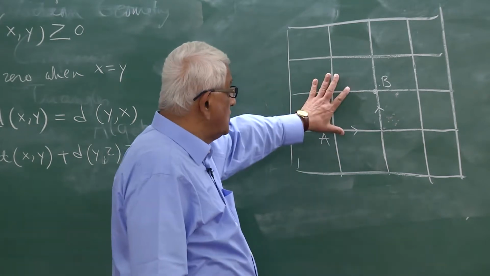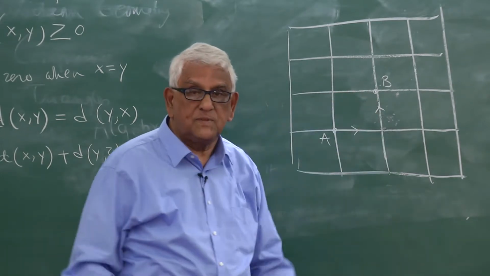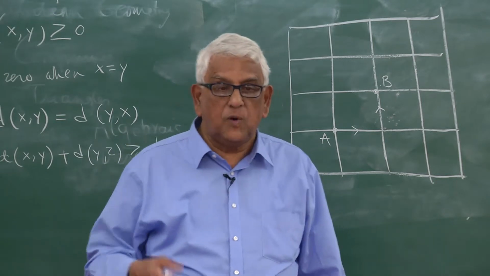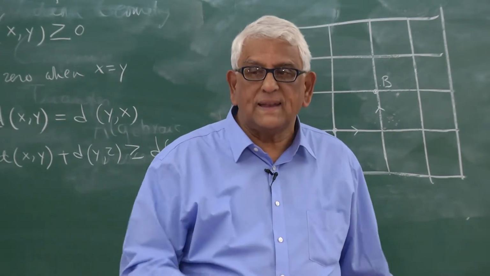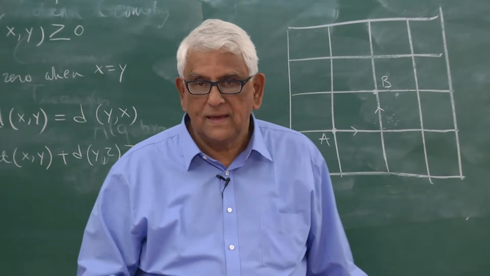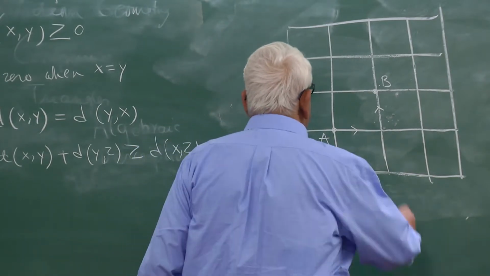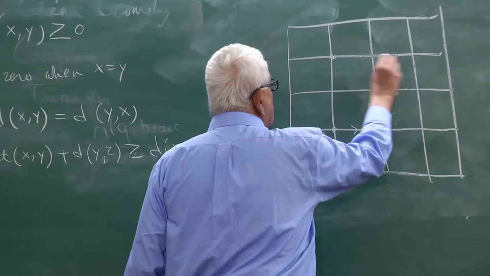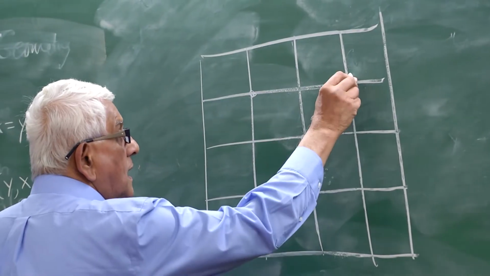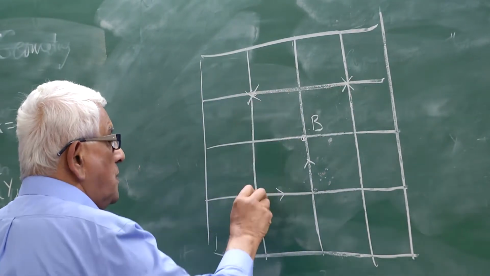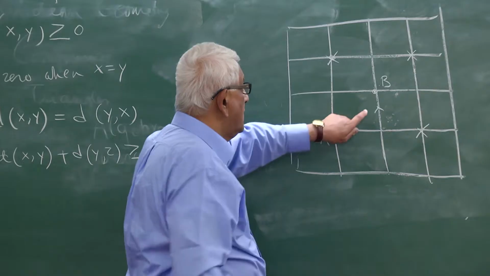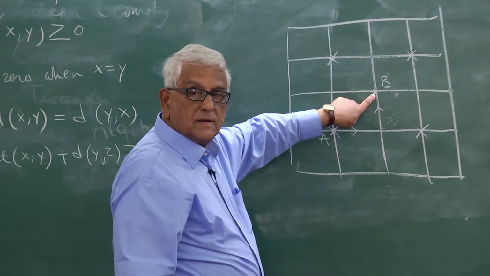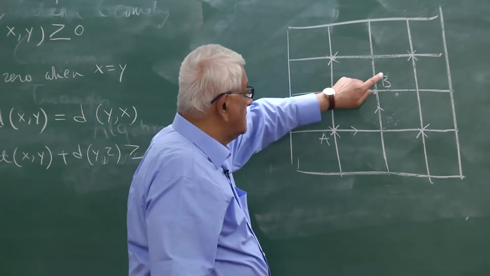So, this would give a geometry, that means a way in which points and distances are introduced, and it is called the Manhattan geometry. For this Manhattan geometry, things which are equally distant from here are this point, this point, this point, this point. They are the same distance from the center, but this is not equal to this distance.